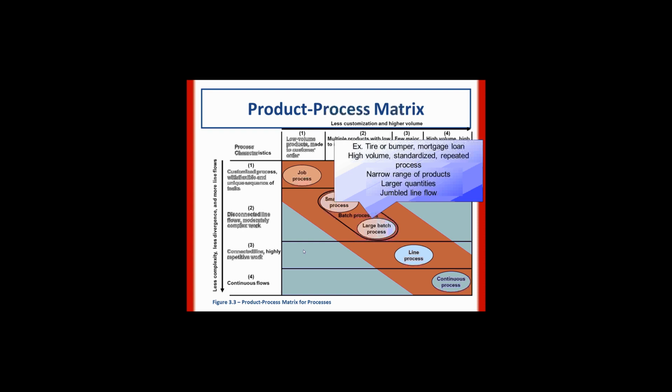A large batch organization provide a high volume product. And also the process can be standardized and repeated process. The outcome can be quite narrow. The example can be a batch of tire or bumper, or a mortgage loan process.